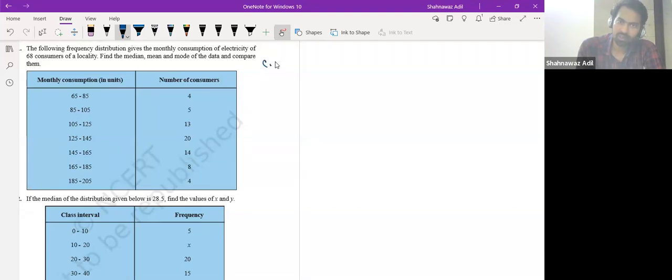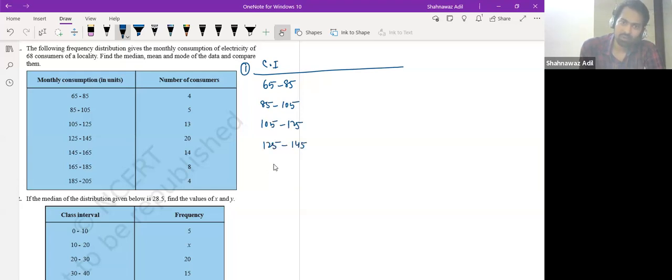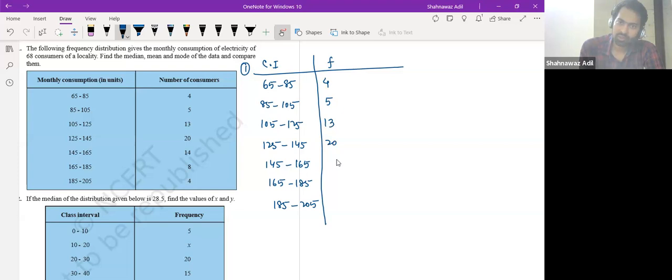The class intervals are 65 to 85, 85 to 105, 105 to 125, 125 to 145, 145 to 165, 165 to 185, and 185 to 205. Then you have these frequencies: 4, 5, 13, 20, 14, 8, and 4, right?